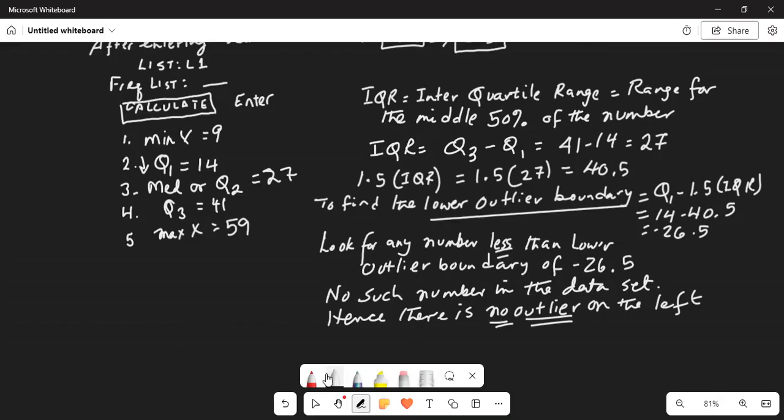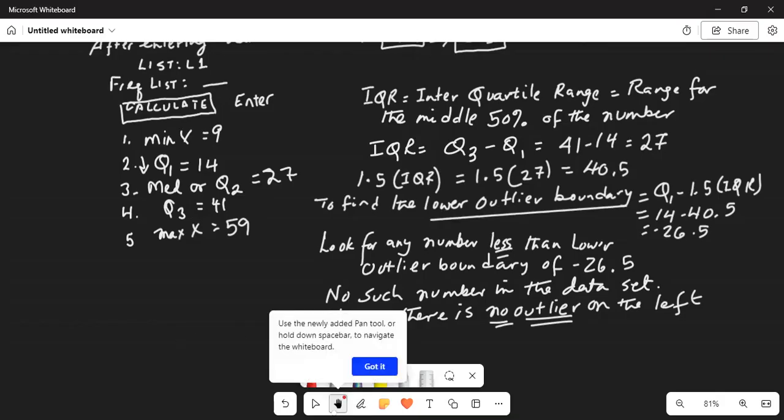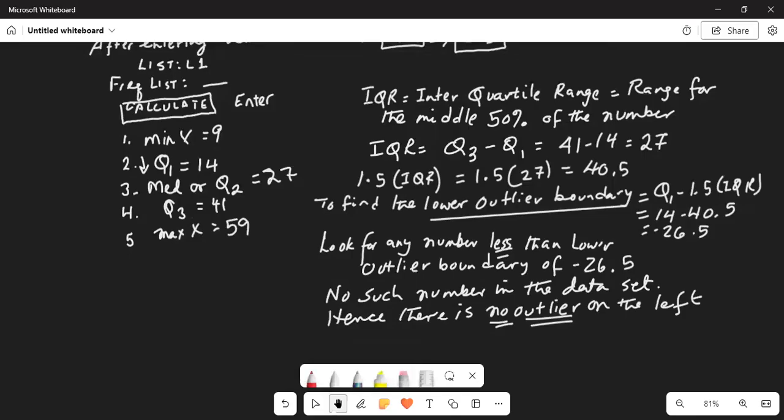Now we will calculate the upper outlier boundary.